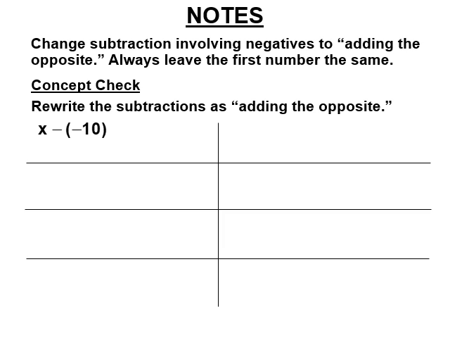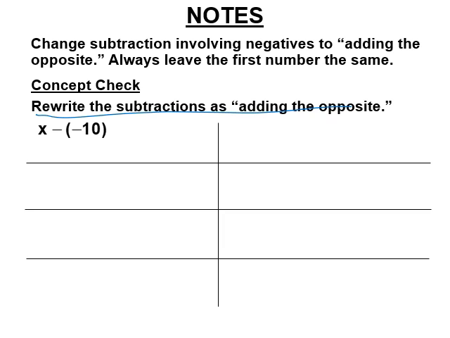So we're just going to rewrite this. Rewrite the subtractions as adding the opposite. So read this problem to yourself. Hopefully you said x minus negative 10. Notice the minus symbol and the negative symbol are exactly the same size. Some textbooks make them different sizes, but that's actually not a thing. You know the first one's a minus, an operation, and the second one's a negative because of where they are.